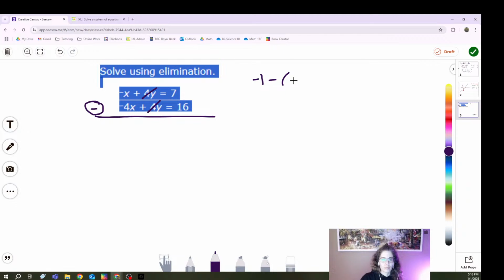Do you want to put it into the first equation or second? Yeah, doesn't matter. Okay, so put it into the first. So we have x is now negative 3 plus 4y equals 7. All right. How do we solve for y?